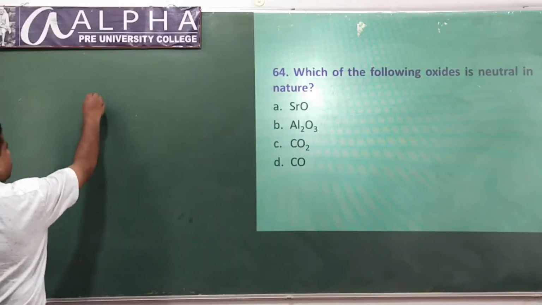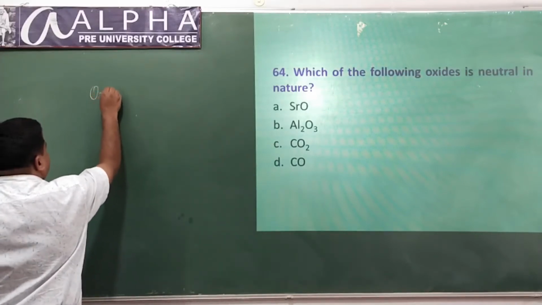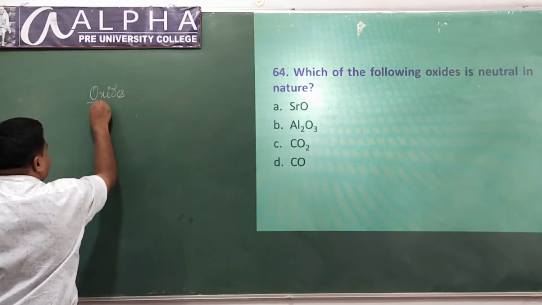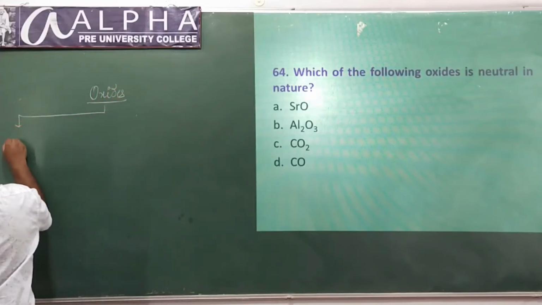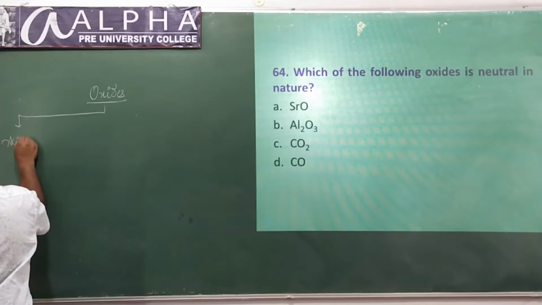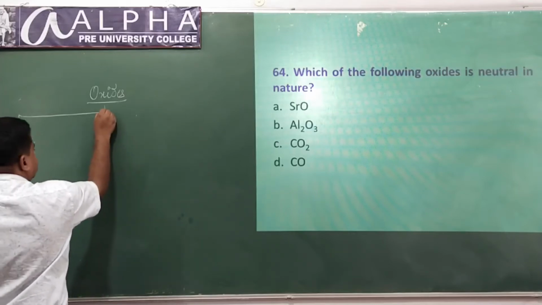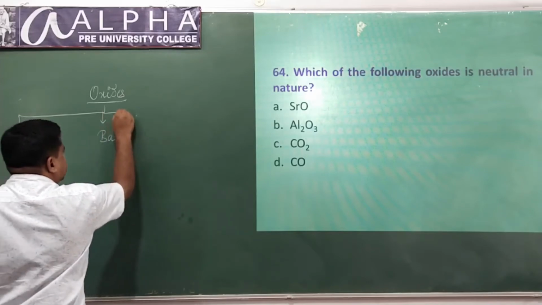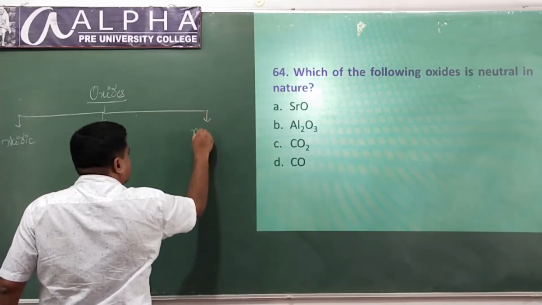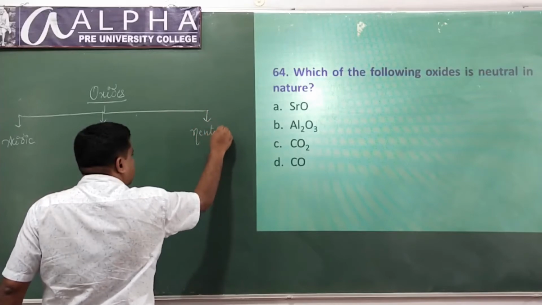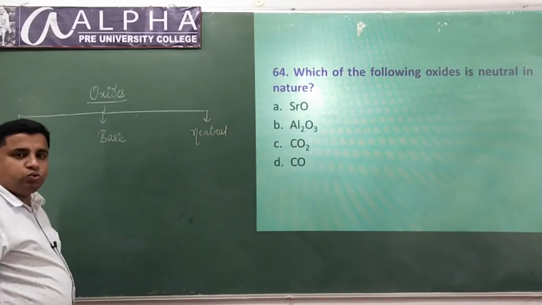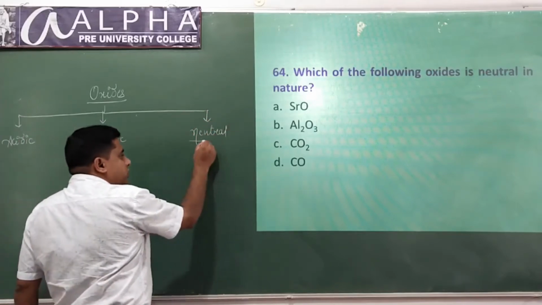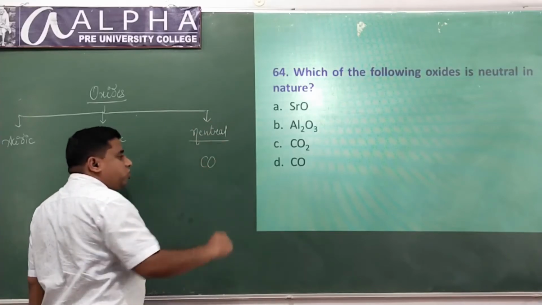I told you oxides may be acidic, oxides might be basic, or oxides might be neutral. There is only one oxide which is neutral, which is carbon monoxide.